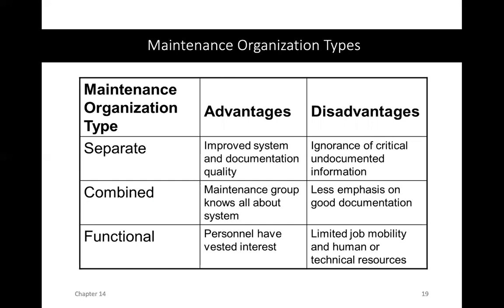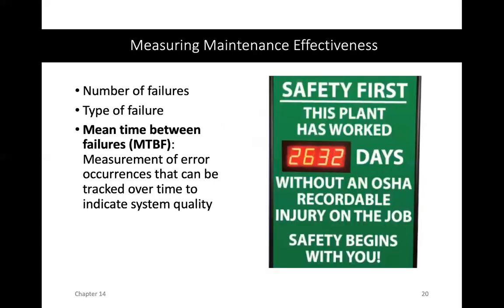Something else in this context that we need to think about is measuring the effectiveness of our maintenance of our system. The way we measure maintenance effectiveness is we measure the number of failures and the type of failures. It's fundamental to understanding the quality of the development and maintenance efforts.